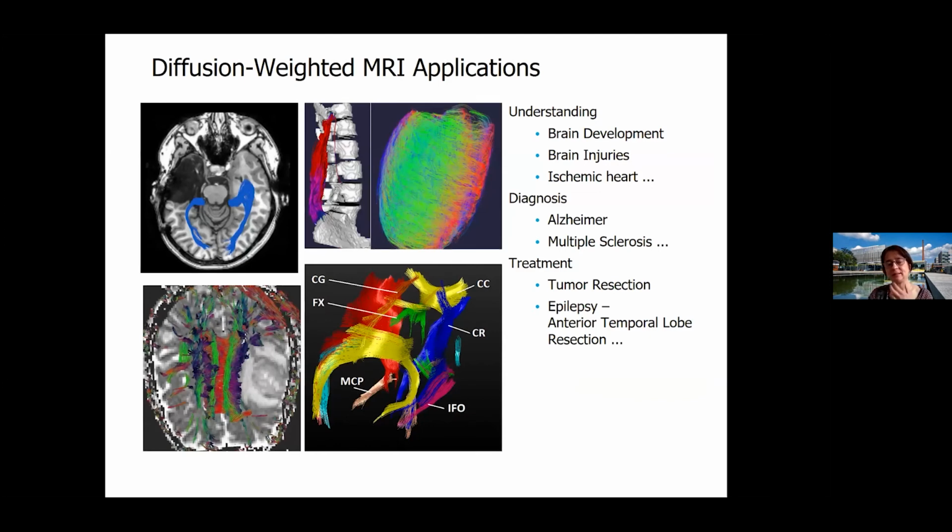Since diffusion-weighted MRI has been developed, it has become a whole field of research, also from the clinical side, where you can apply it. And it's not just in the brain, but also, for example, for the study of the heart and the muscles, because these are also very thin fibrous structures that are difficult to capture otherwise, and it has multiple applications.